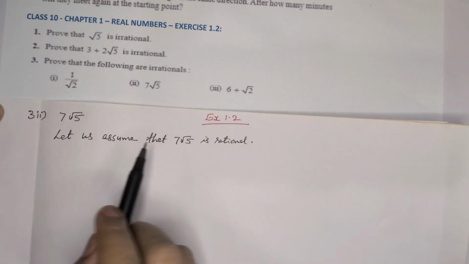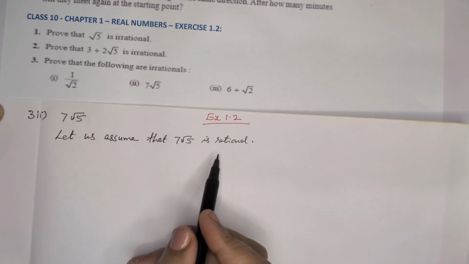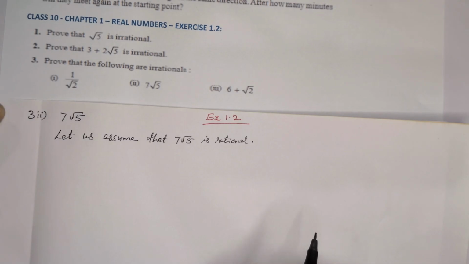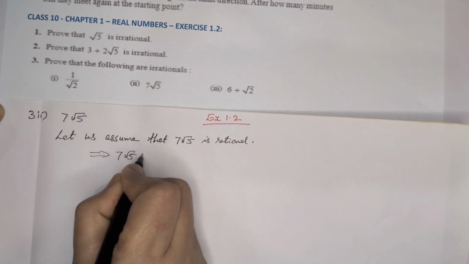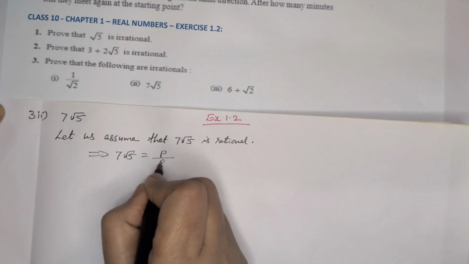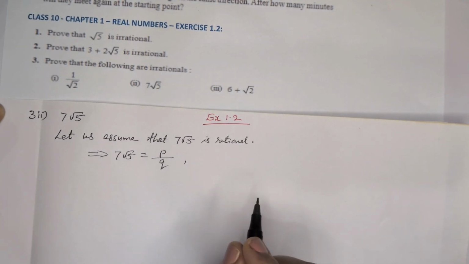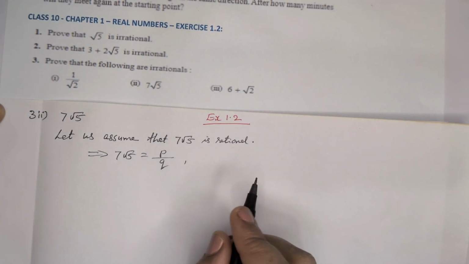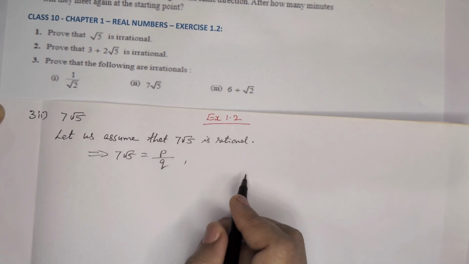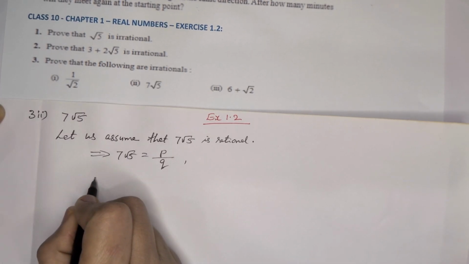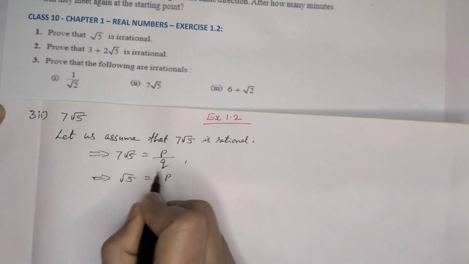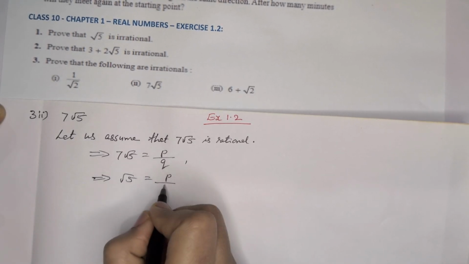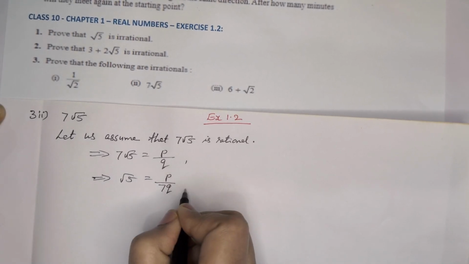The second number, 7 root 5. Let us assume that 7 root 5 is rational. So we can write 7 root 5 is equal to p by q form, where p and q are coprime numbers and q is not equal to 0. Then root 5 is equal to p by 7q.